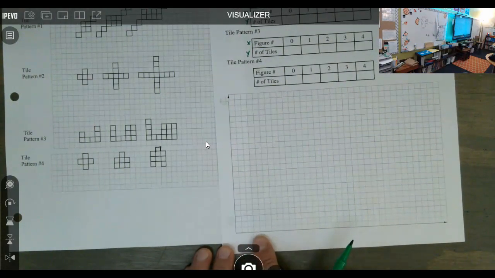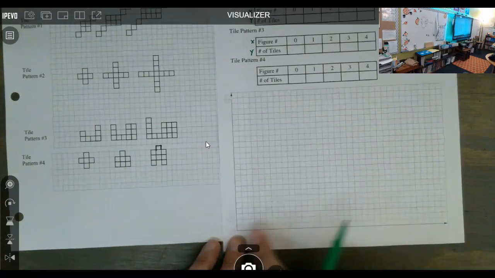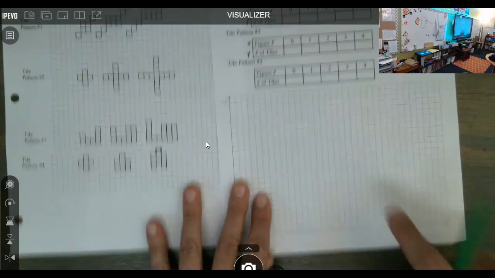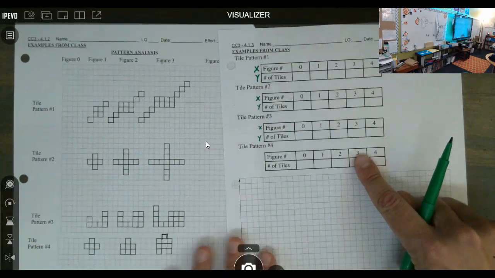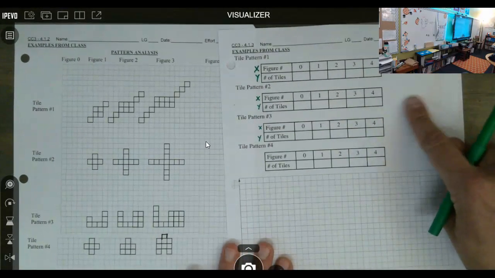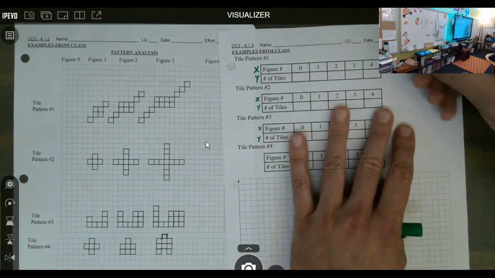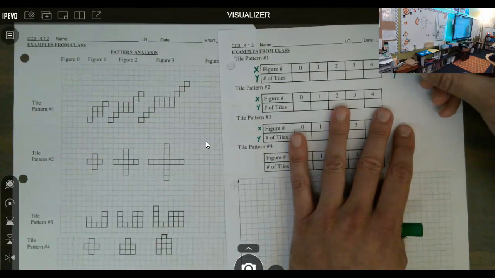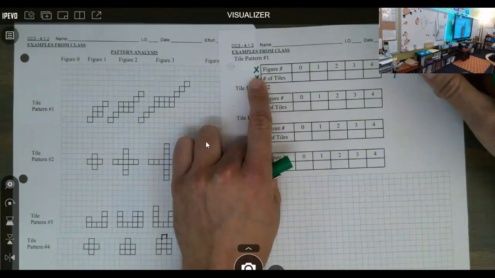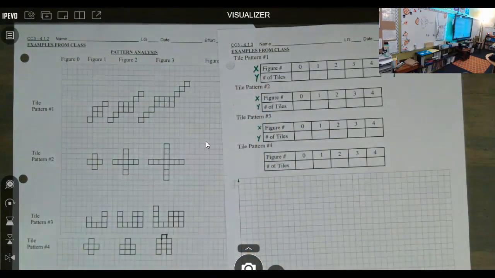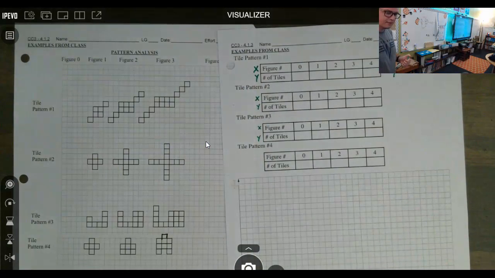No, we're probably going to choose a bigger scale, right? We're even probably bigger than that. So right now, just do the top part, fill in, and if you think you know the rule, that's why I left space out to the right. So again, your rule would be like the number of tiles equals, and x is your figure number. I'm going to give you at least 5 minutes because I think you guys need some good time to talk and start to play with rules.